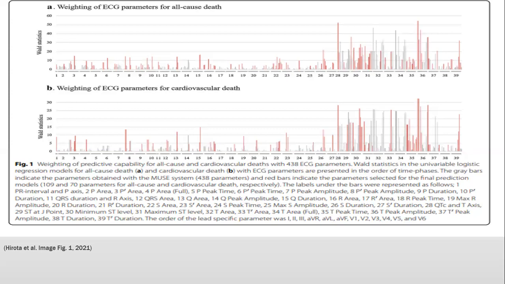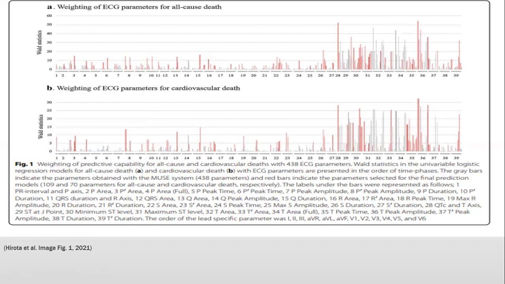And all this wonderful data was looked at using some very complicated math models using machine learning that they put together, that would be better explained by somebody in a statistics class than by me. But using all this math, you see here they've got the comparison of their first chart of ECG parameters for cardiovascular death versus all deaths.